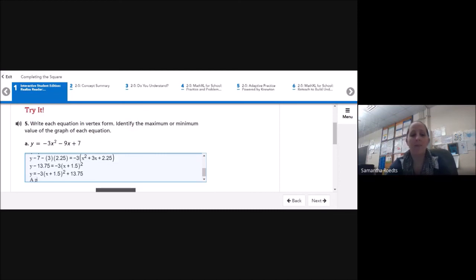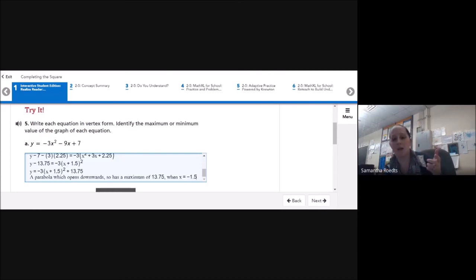So this is a parabola which opens downwards, so it has a maximum of 13.75. The vertex is at 13.75 when x equals negative 1.5. Remember, our vertex form has a minus sign in front.